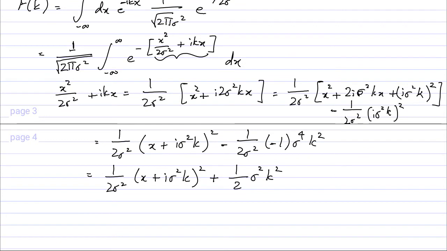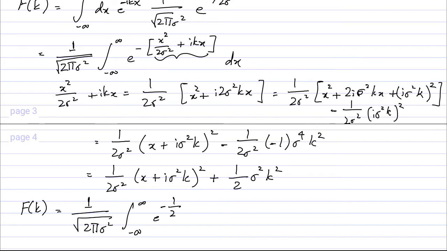So f of k then is given by 1 over square root 2 pi sigma square, the integral from minus to plus infinity of e raised to the power minus 1 over 2 sigma square x plus i sigma square k whole square, and we also have along with this e raised to minus sigma square k square over 2, dx.